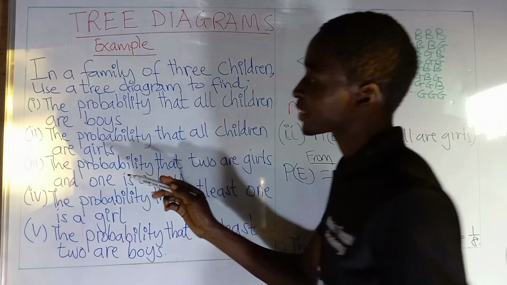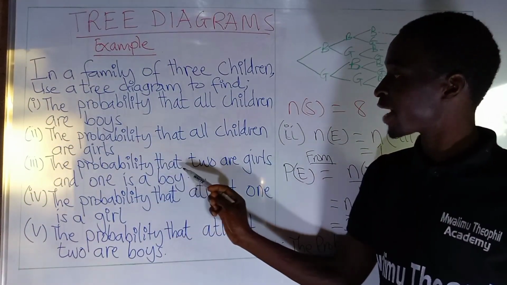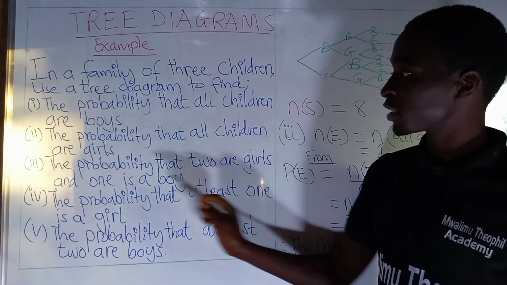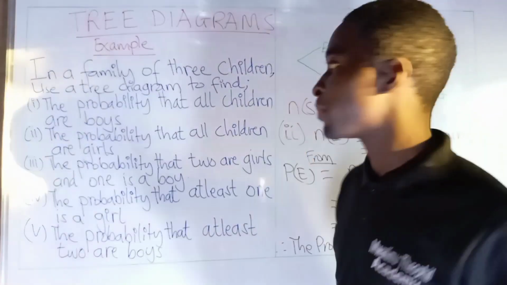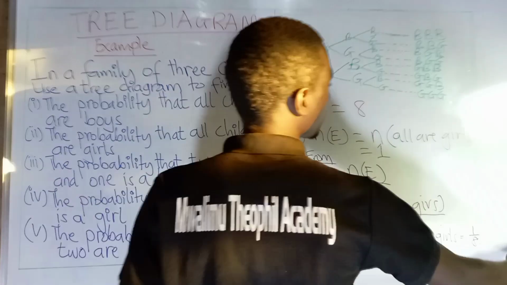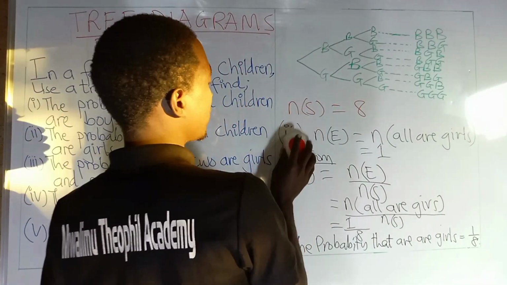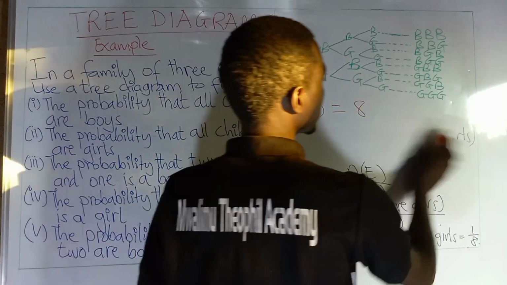Our third part states that we find the probability that 2 are girls and 1 is a boy. 2 girls and 1 boy. Now let us see the way we deal with this one.